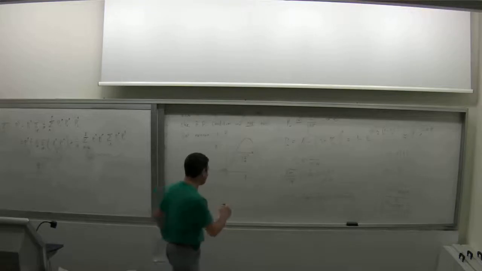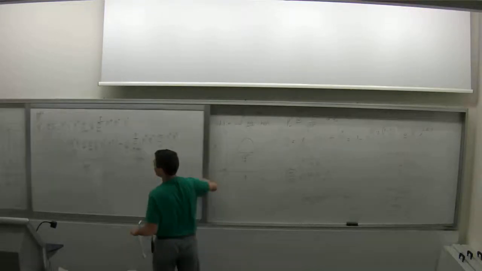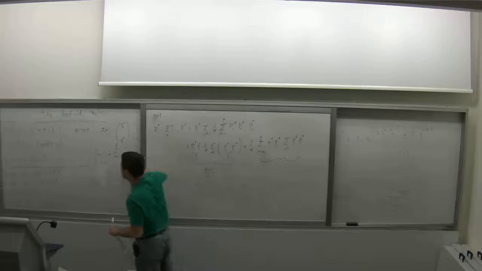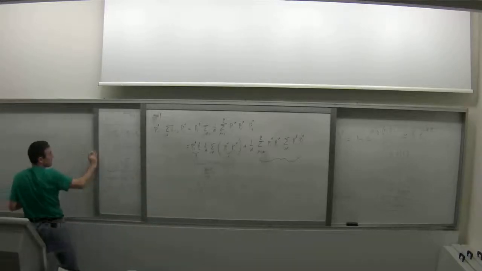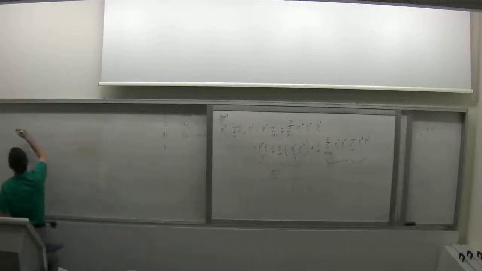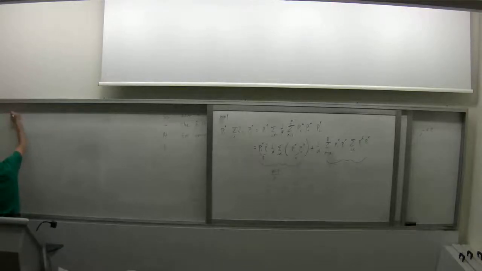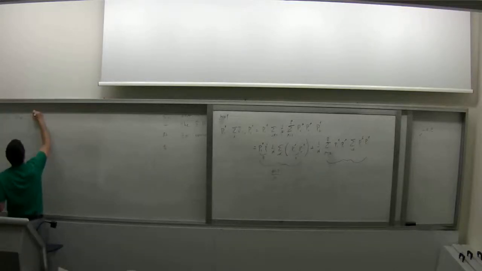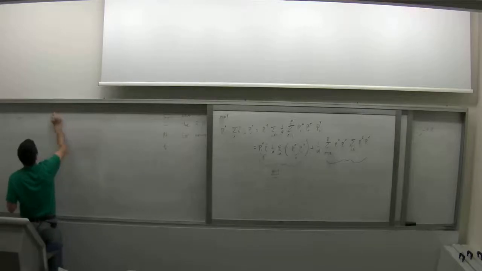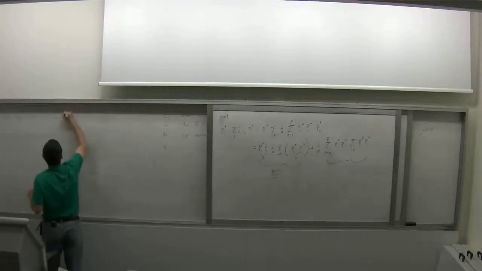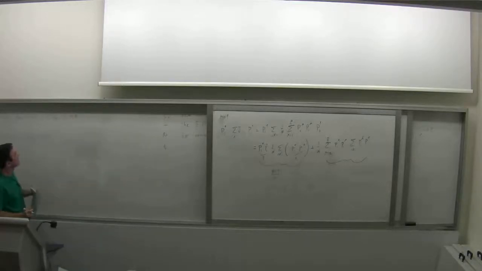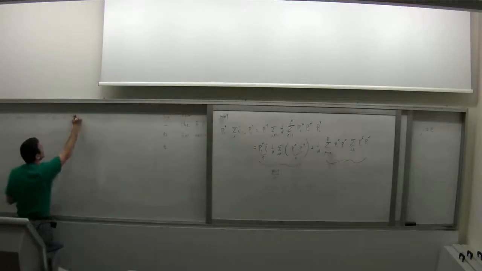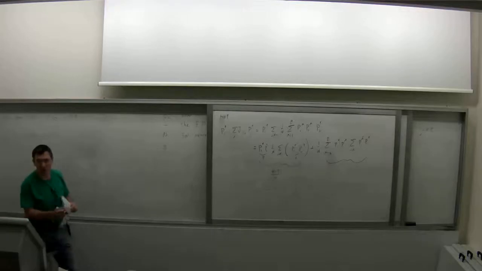So it turns out that as long as the number of memory patterns is smaller than some number, something like 0.138 times n, then we don't have this avalanche.